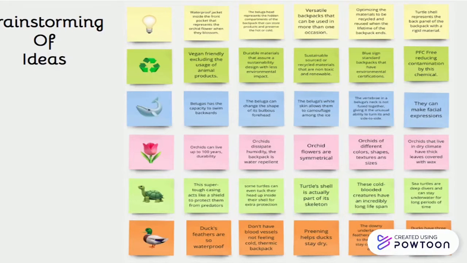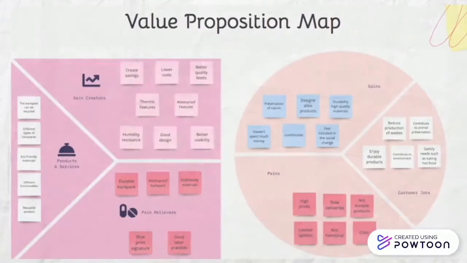In this case, the customer job represents what the consumer wants to achieve, the gain creators are the benefits of using this product, and the pain relievers are the way in which our product can minimize the pains that achieving these kinds of goals can cause.